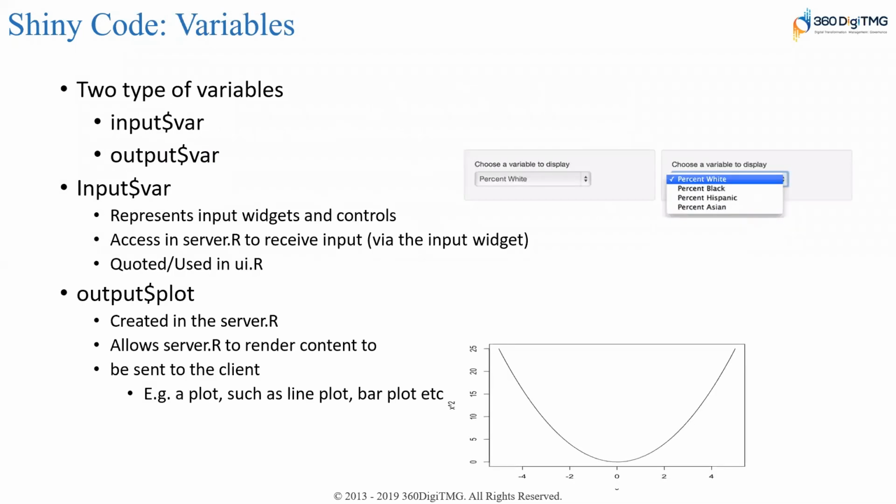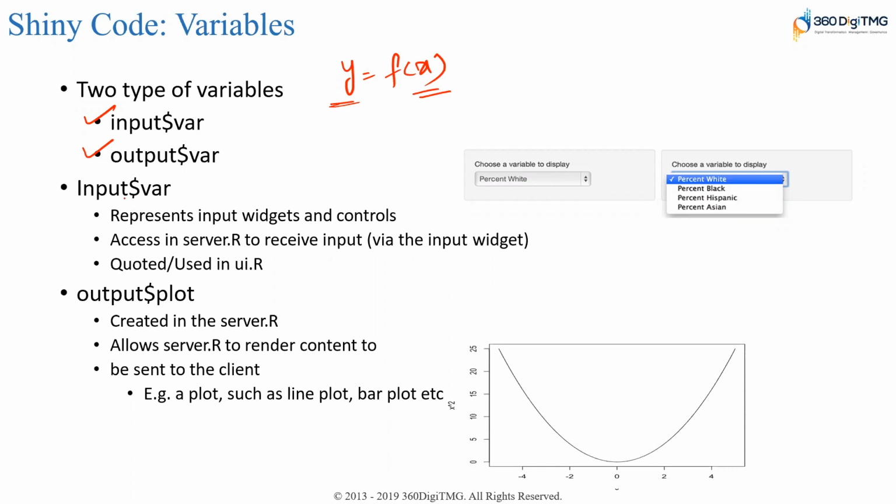Now there are two very important things that you need to consider when you are developing your Shiny code. These two are your input variables and output variables. In short, I'm saying y equals f of x. Whatever function I'm deriving in my R code needs to have input and output, right? These inputs and outputs are referred to as variables in Shiny code.